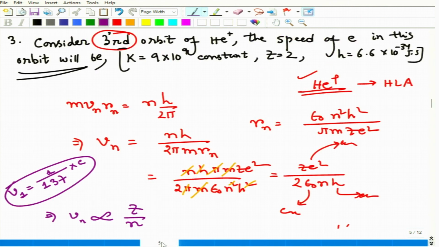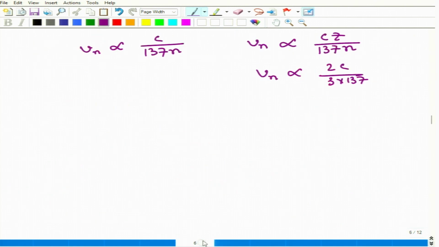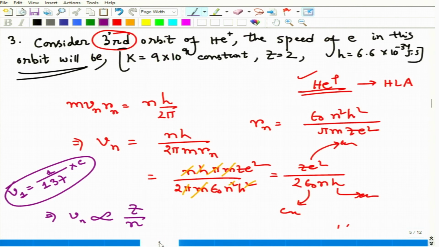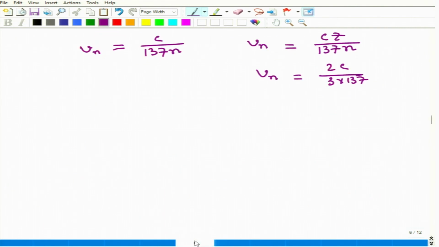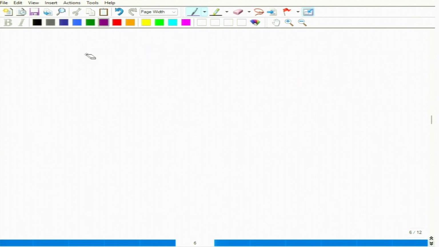What we need is that speed. But what is this K? H is also given. Okay, it's actually not proportional, it's equal. It's equal, not proportional. Okay, if it is clear, let me again explain it. I think that V1 for hydrogen atom, for Z equals 1, is actually C by 137.